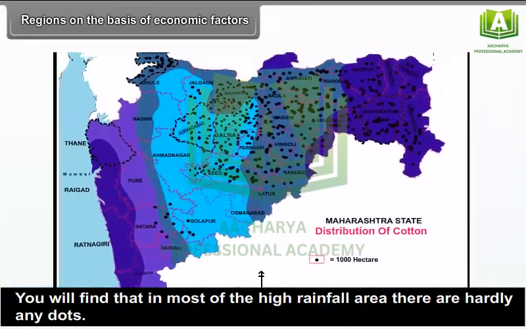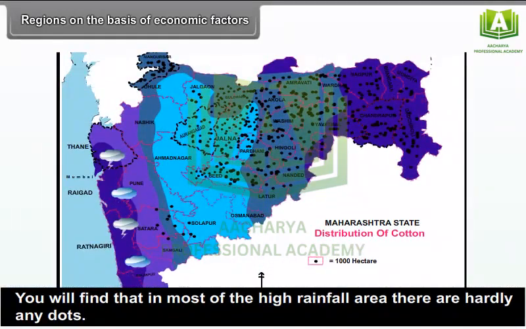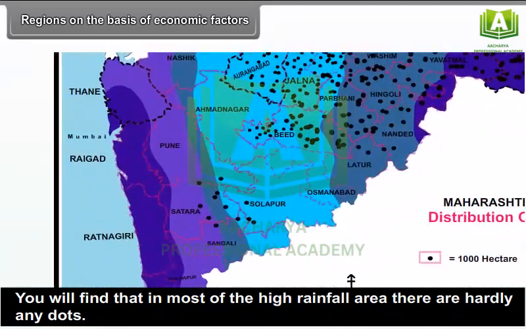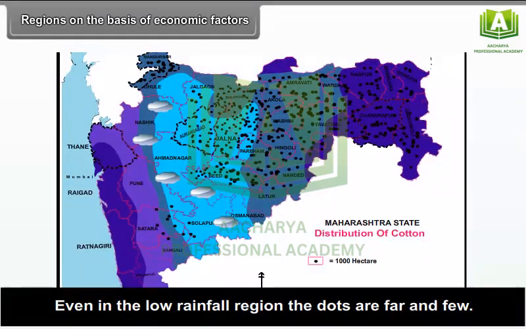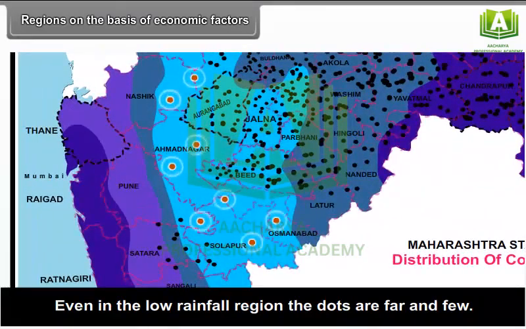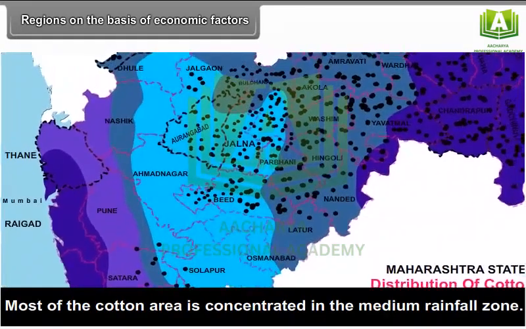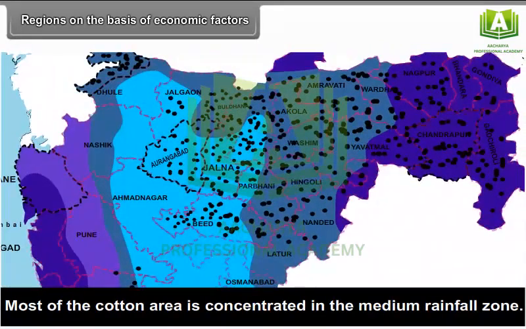You will find that in most of the high rainfall and very high rainfall area, there are hardly any dots. Even in the low rainfall region, the dots are few and far between. Most of the cotton area is concentrated in the medium rainfall zone.